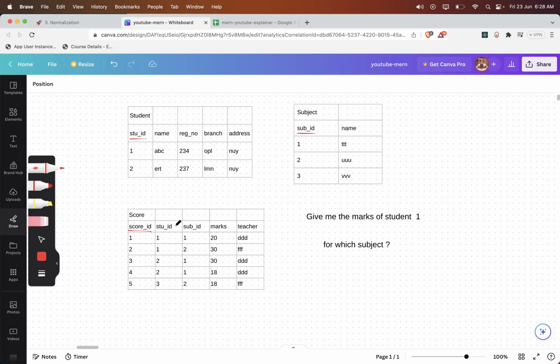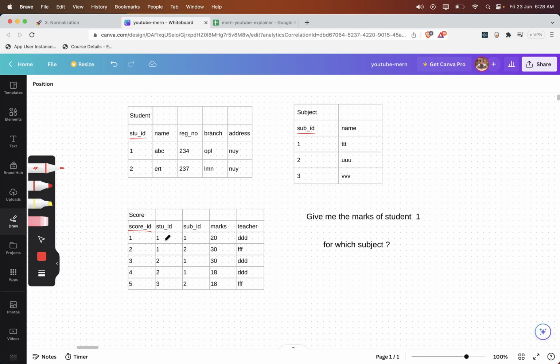So only providing the student ID for asking his or her marks is not sufficient. You need to provide the subject ID also. So the question should be like this: give me the marks of student 1 and subject 2. Student 1 means student ID 1, and subject 2 means subject ID 2.